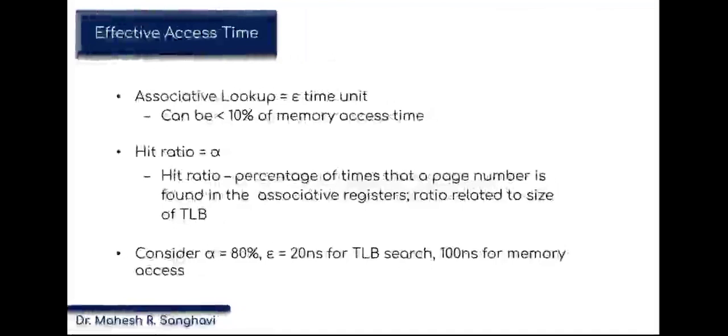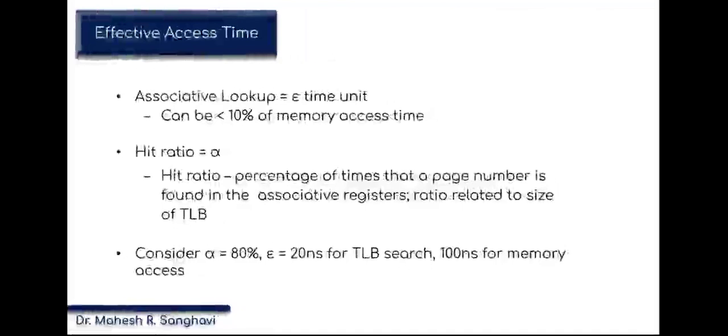Now when we are talking about effective access time, we need to focus on this terminology, associative lookup. If you observe here, the things will be quite clear: the time needed can be less than 10% of the memory access time.